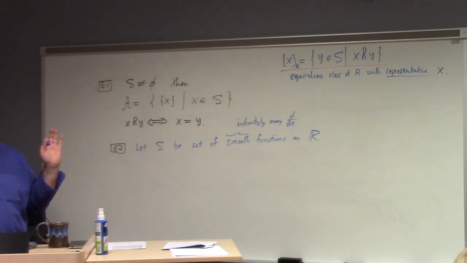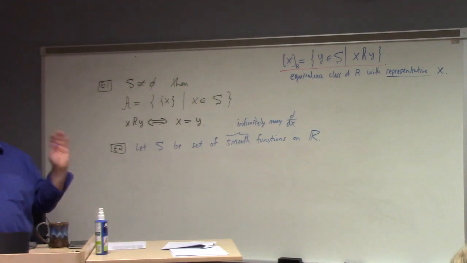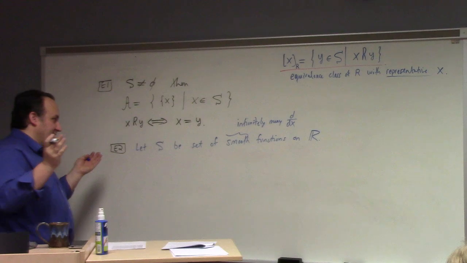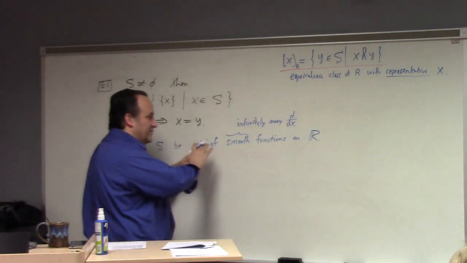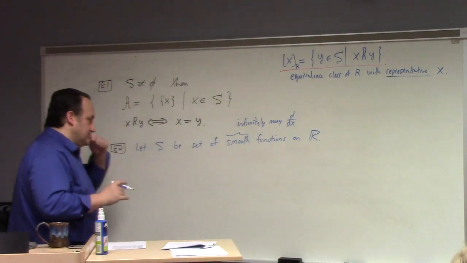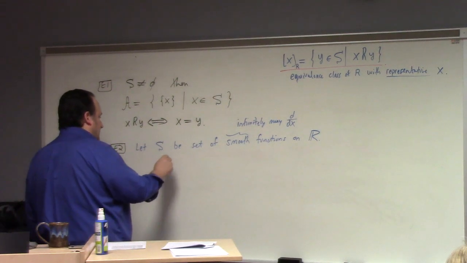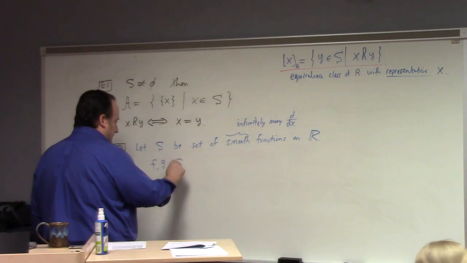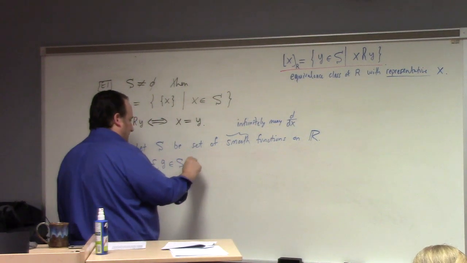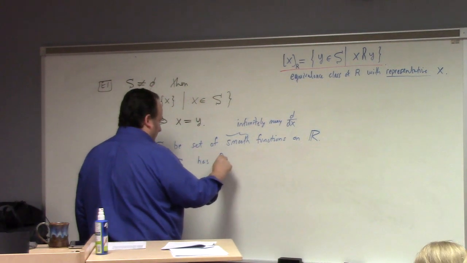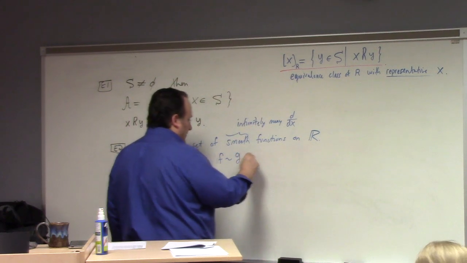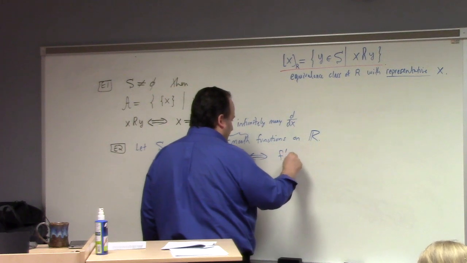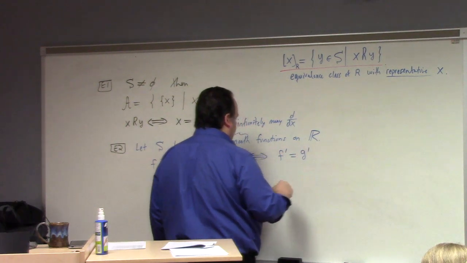I've taken 10 derivatives. Can I take another one? The answer is yes. I've taken 1,000,000 derivatives. Can you take another derivative? The answer, yes. They're smooth functions. So we could do this. We could say f and g in S, f is equivalent to g if and only if f prime equals g prime.